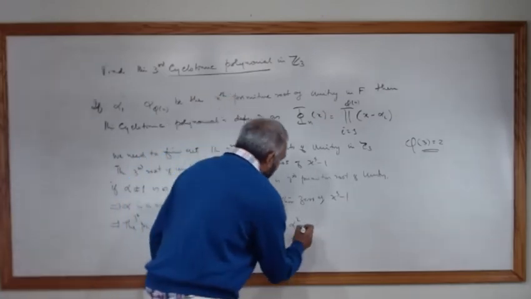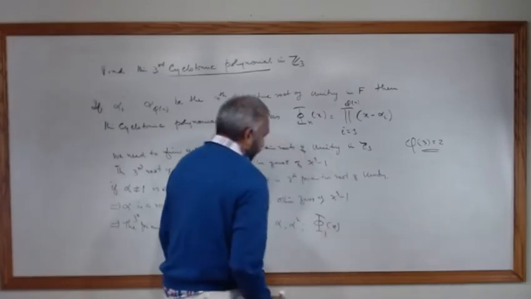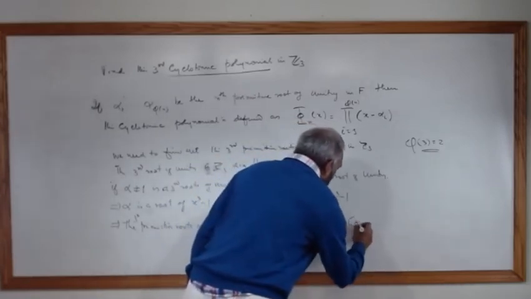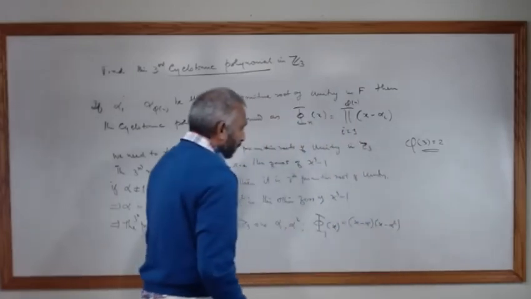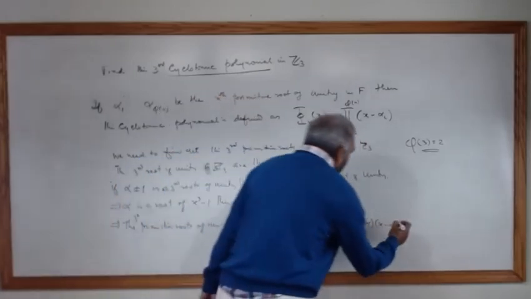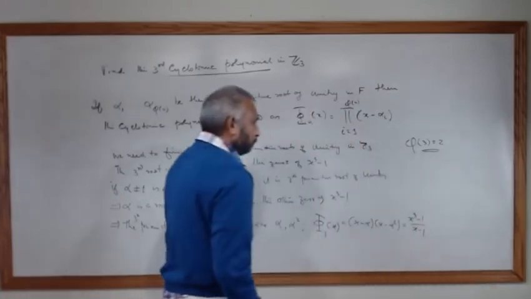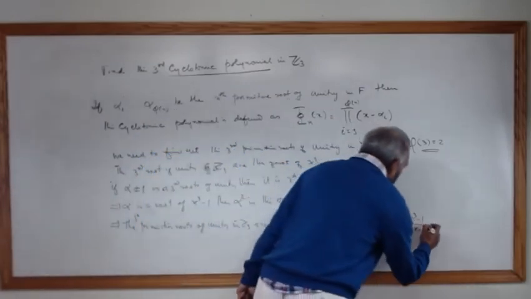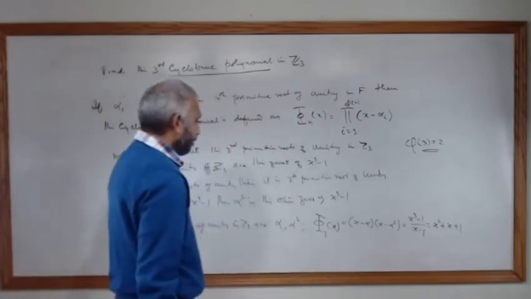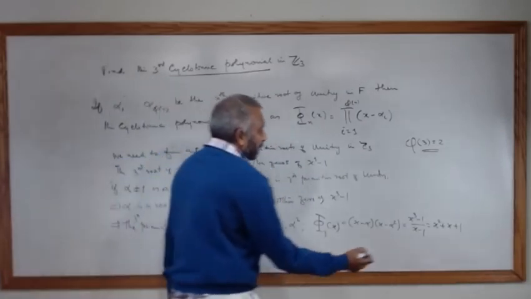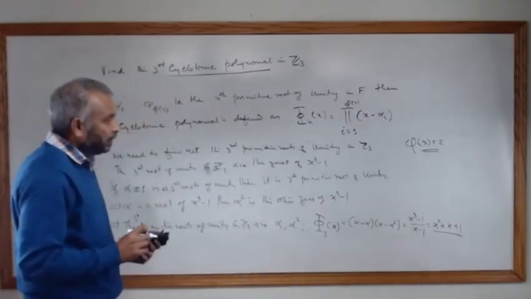So the cyclotomic polynomial phi 3 of x is equal to x minus alpha times x minus alpha square. And that is again going to be equal to x cube minus 1 by x minus 1. If you divide this, it is going to be x square plus x plus 1. So this is the third cyclotomic polynomial in Z3.